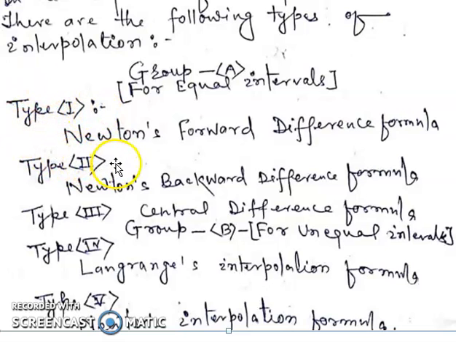Some interpolations are for equal intervals and some are for unequal intervals. The Newton forward difference formula, Newton backward difference formula, and central difference formula are for equal intervals, and the rest of the two methods are for unequal intervals.